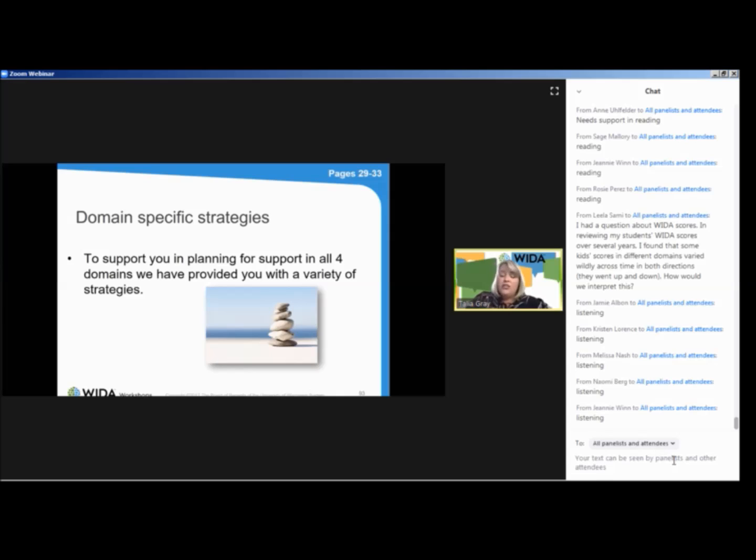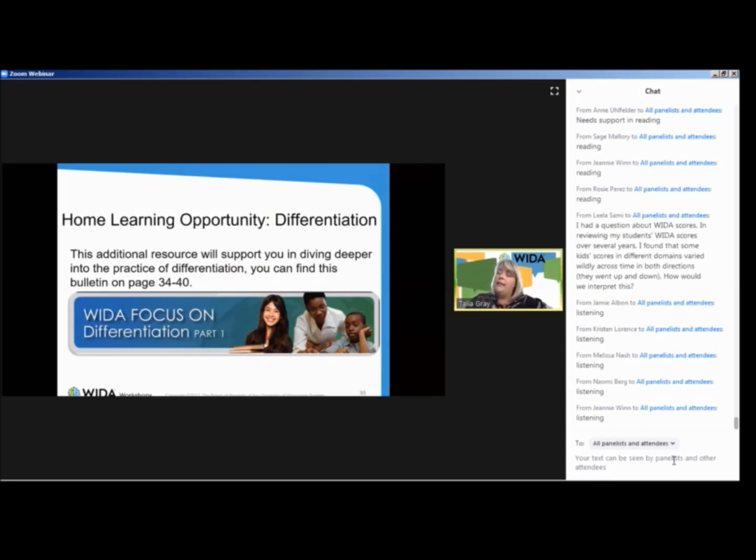All right, so I'm also going to provide you with a home learning opportunity. I'd like for you to read the WIDA Focus on Differentiation Part 1. You can find this on pages 34 to 40 of your participant guide. This is also on the WIDA website. I highly, highly encourage you to read this.